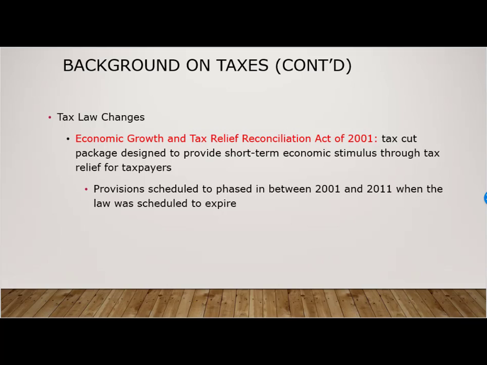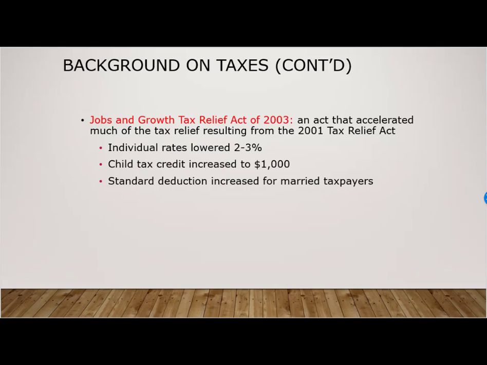Again, we phase these in over time. One of the challenges that I have, at least in my opinion, is that most of these things are implemented with some type of sunset clause. That is, let's put them in there and we'll make people happy for right now, but nothing's permanent. We're going to change it somewhere down the line.